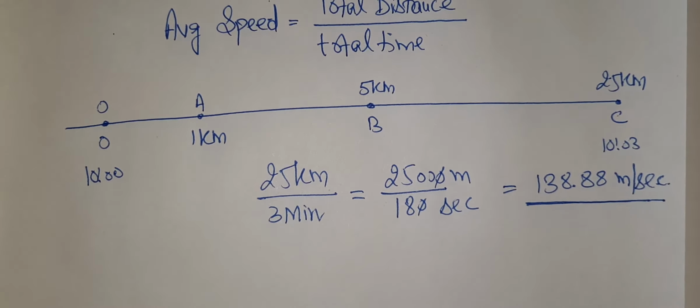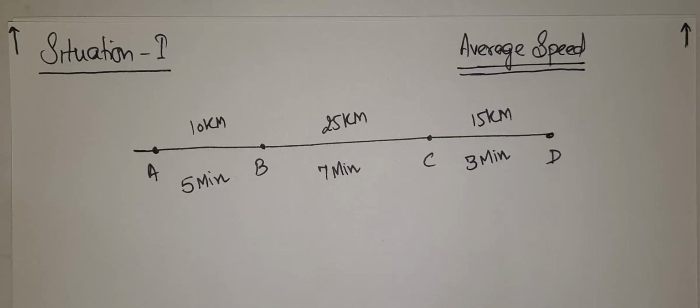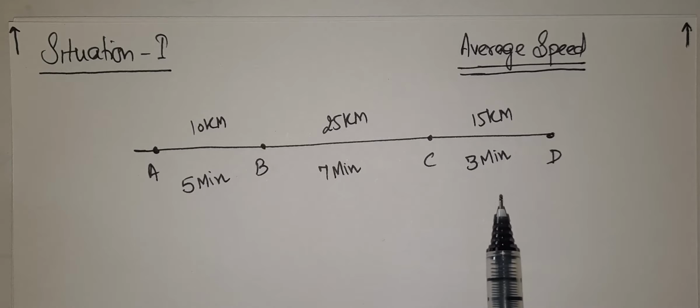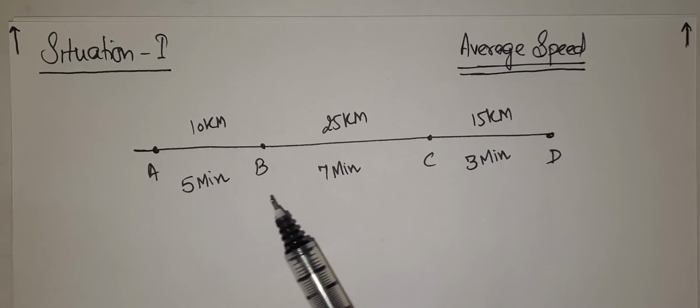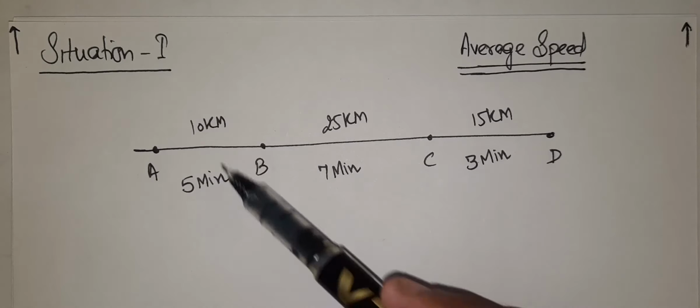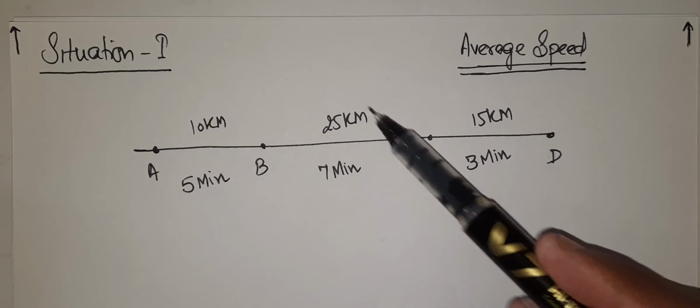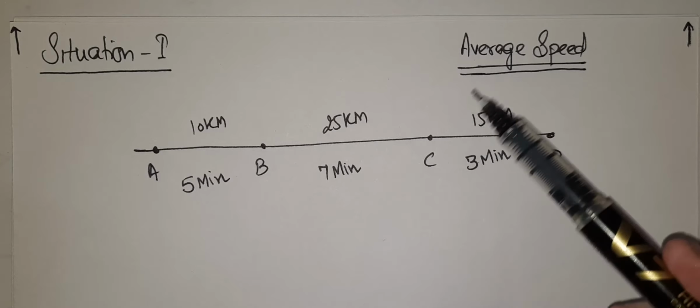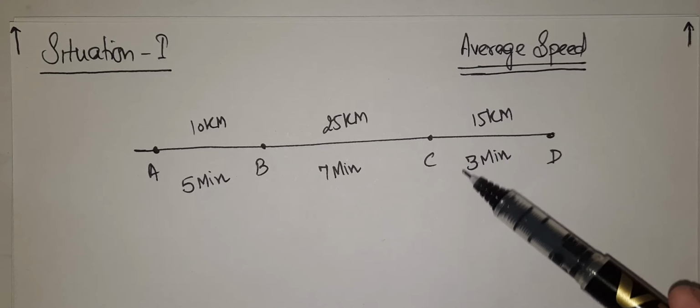Today we are going ahead with some more cases of average speed, how in different cases average speed will be calculated. Let us see. This situation is given to us: a body going from A to B to C to D. From A to B, the body travels 10 kilometers in 5 minutes, then B to C 25 kilometers in 7 minutes, and 15 kilometers in 3 minutes.